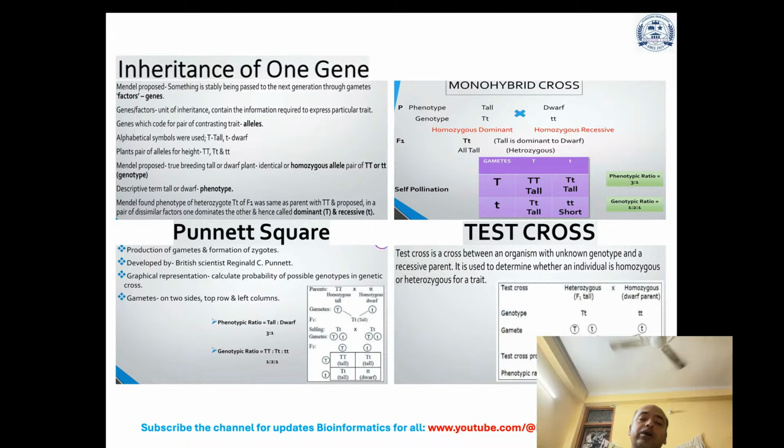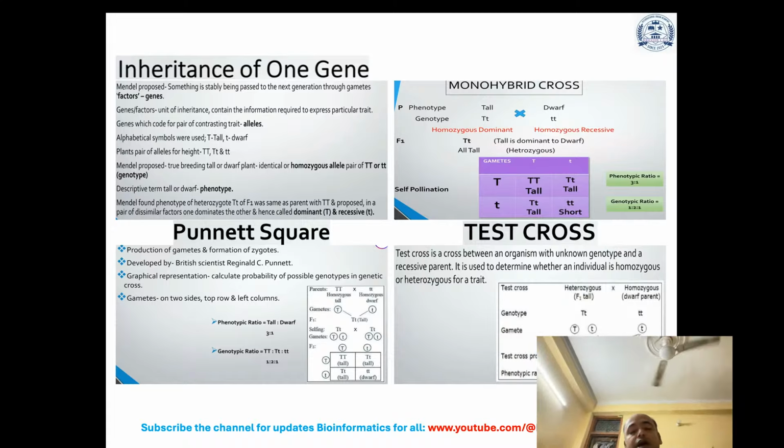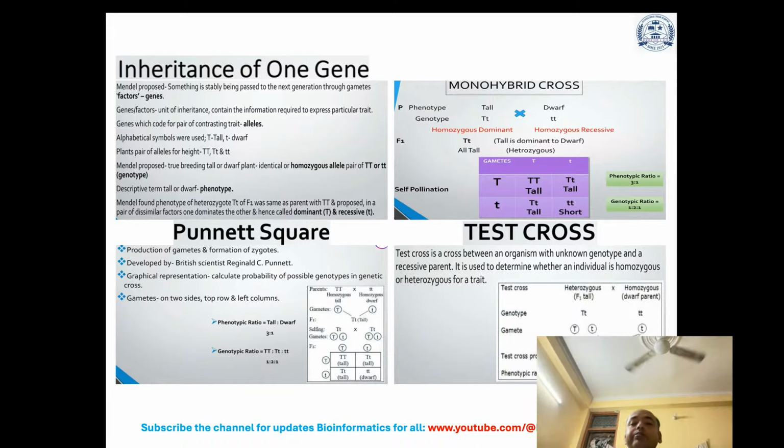Gametes go on two sides, the top row and the side column. Here you can see the phenotype ratio, tall versus dwarf, 3 to 1, and the genotype ratio, capital TT versus capital T and small t versus small tt, that is 1 to 2 to 1.